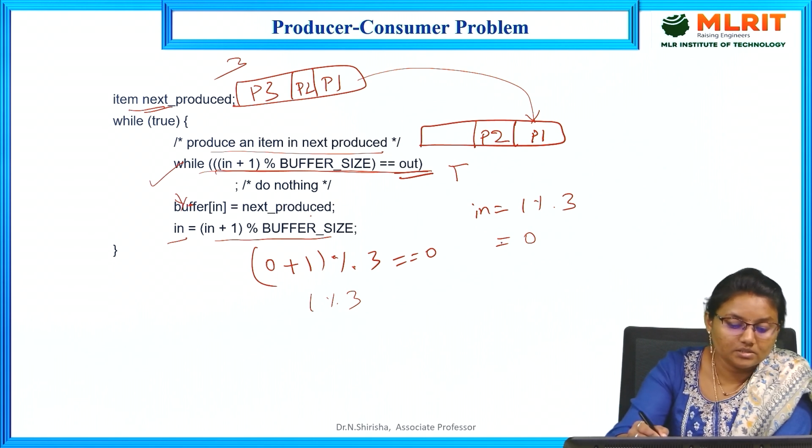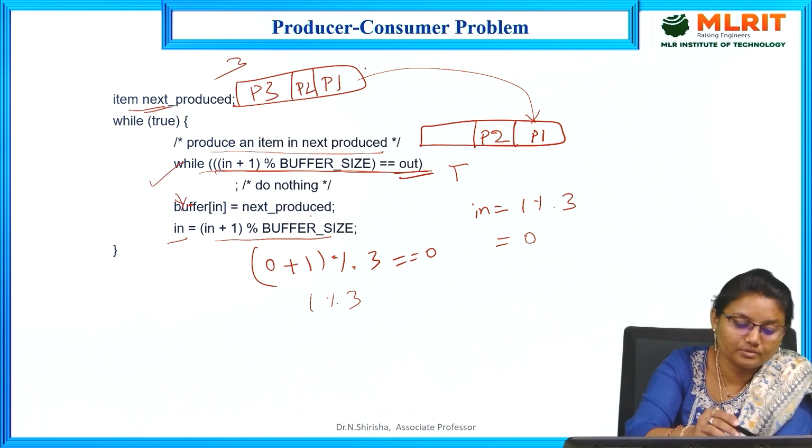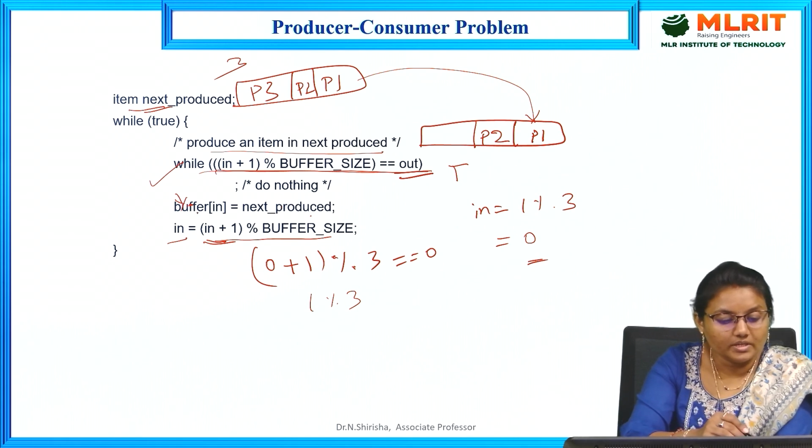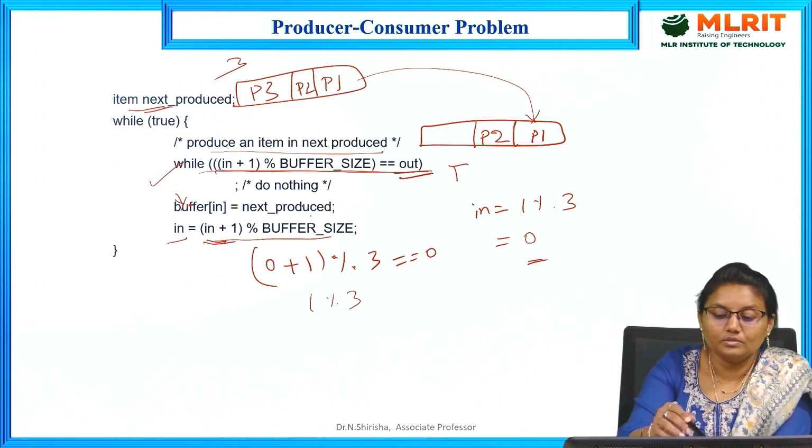Whenever it goes for the next produced item, in that way it is updated, and when it reaches the buffer size, in becomes 0 again.